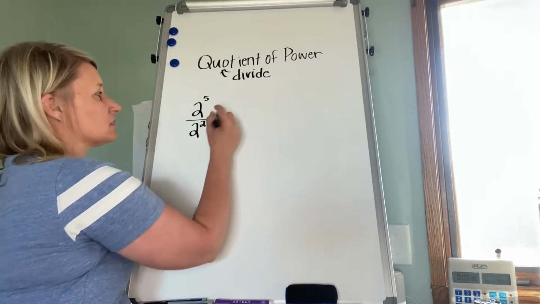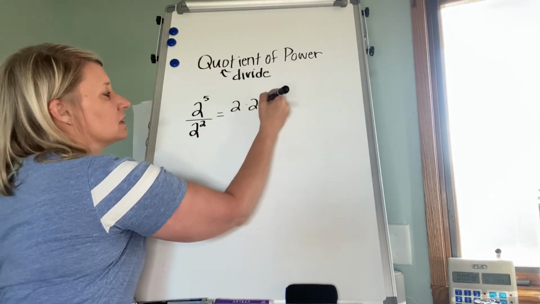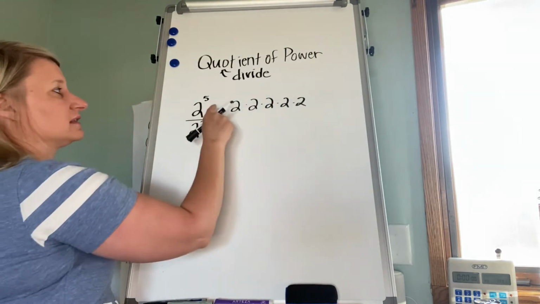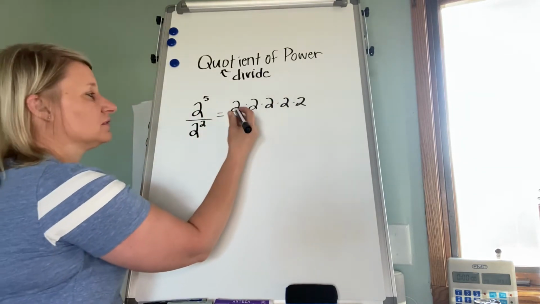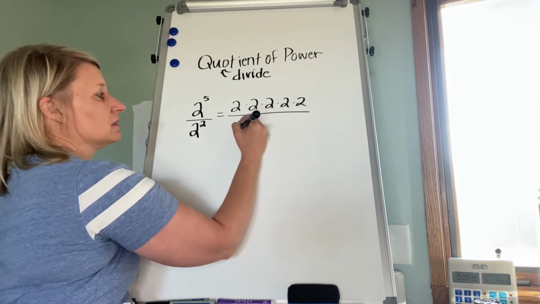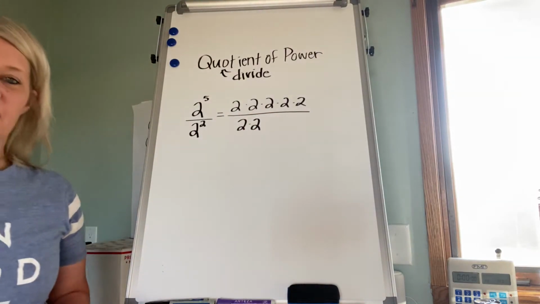So 2 to the 5th is actually 2 times 2 times 2 times 2 times 2, right? We know that that's the expanded form of 2 to the 5th. 2 to the 2nd, or 2 squared, is 2 times 2, okay? Well, then think about what we know about dividing.